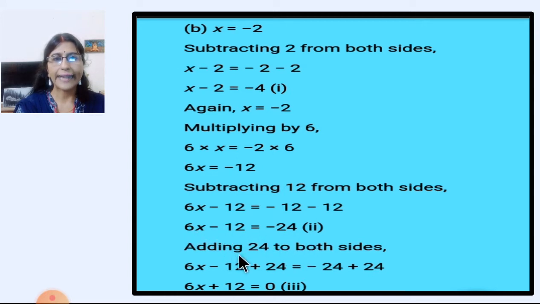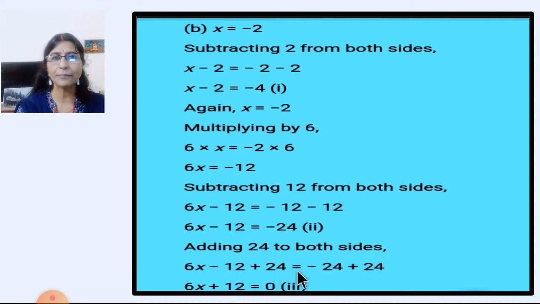And then adding 24 to both the sides. You can add a smaller number also. You can take any number. So here 24 is added just for an example. Then this equation will change to 6x minus 12 plus 24, which is equal to minus 24 plus 24. Now this 24 will be cancelled. You will get 0 here.